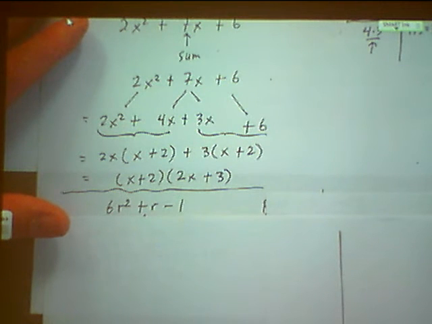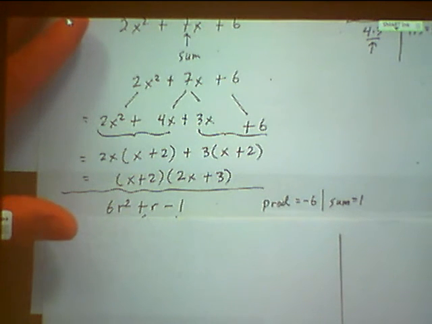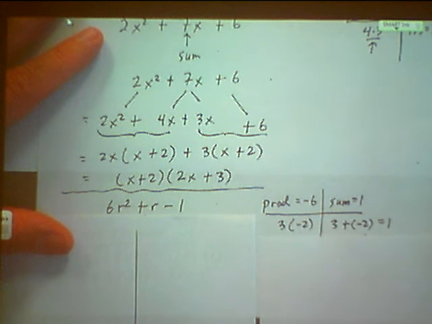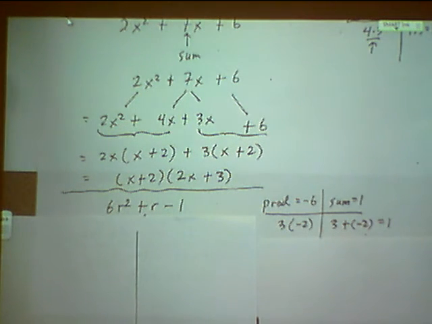Well, there's no number there, although really there's a 1 there. So we say the product is minus 6, and the sum is 1. And as it turns out, when you work out the product sum, you come up with 3 and minus 2. Because when you multiply 3 and negative 2 together, that equals negative 6. But when you add those numbers together, it equals 1.